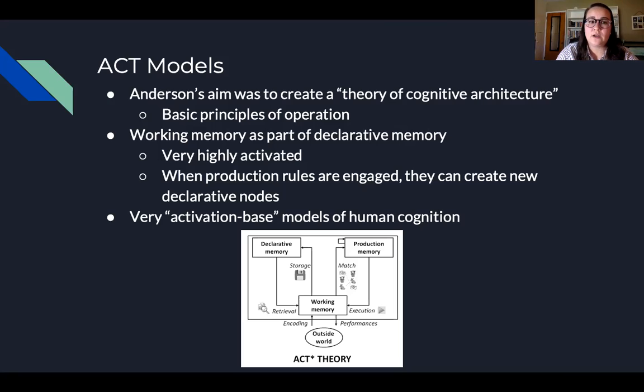There's a lot of activity going on with the creation of new nodes, employing goals and conditions and actions. There are a lot of pieces and a lot of different actions needed for our cognition to work, quote unquote.